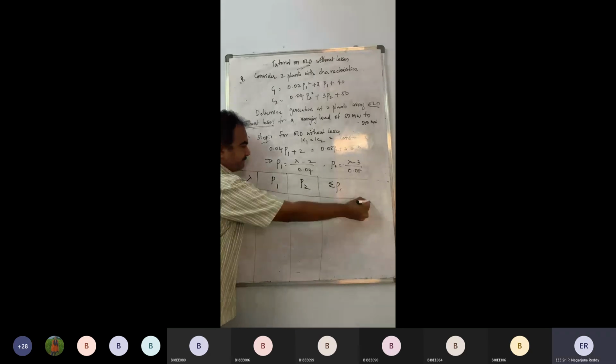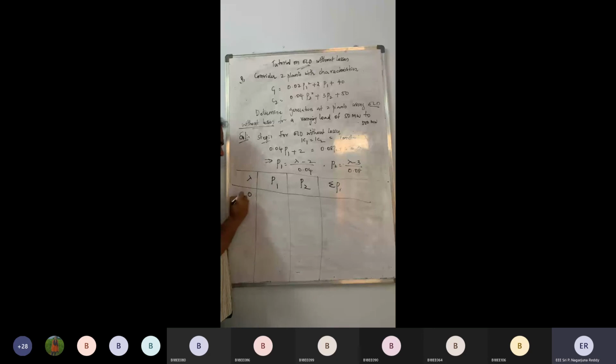I choose some random value of lambda as 0. If lambda is equal to 0, then what is P1? P1 we will get as a negative value, isn't it? What is the value? Minus 2 by 0.04.